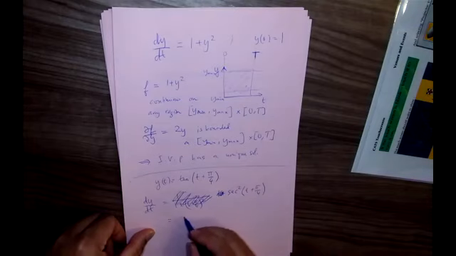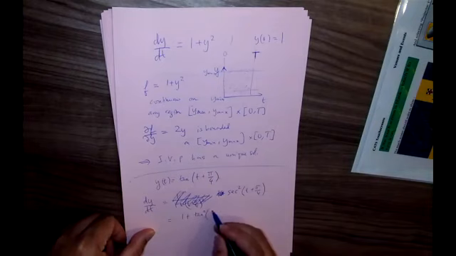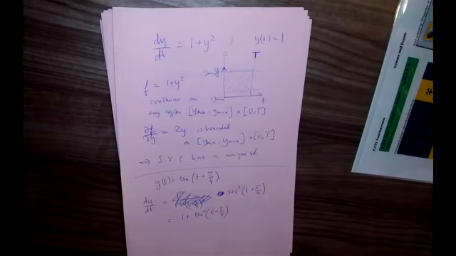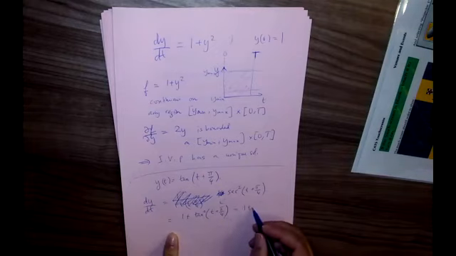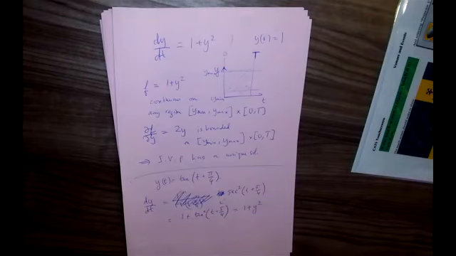Secant square is just 1 plus tan square, right? This is just from the trig identity, yeah? And this one is just 1 plus y squared. So that's correct, yeah? The left equals the right-hand side. So that's a solution.